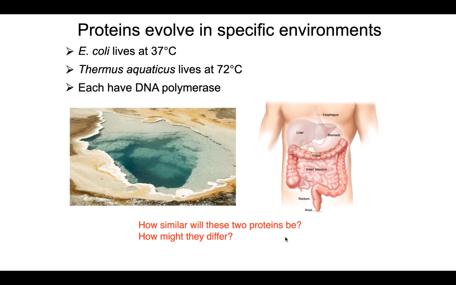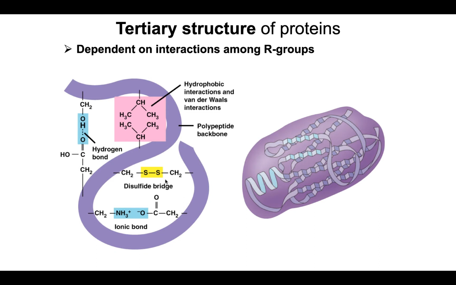Let's think about if we are at very high temperatures, all of those various weak interactions, hydrogen bonds, are going to be breaking much more easily. So can you think of an interaction that stabilizes the tertiary structure and the quaternary structure of proteins that is stronger than a simple weak interaction? The disulfide bridges.